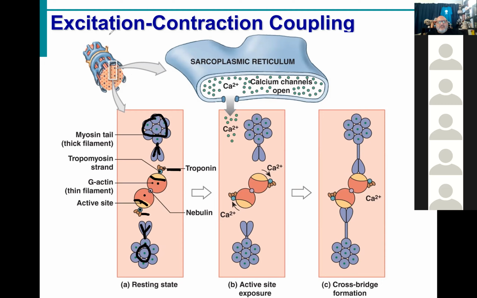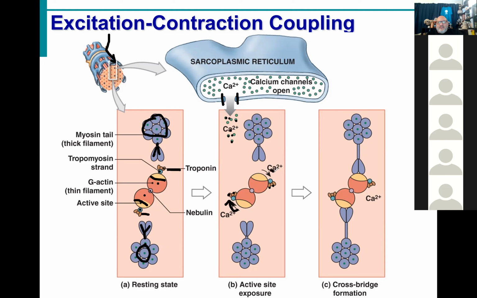When the muscle action potential spreads down the transverse tubule and spreads to the sarcoplasmic reticulum, it opens those voltage-gated calcium channels, and calcium is released into the cytosol, into the cytoplasm, where it binds to the troponin. And when it binds, the troponin changes its shape.